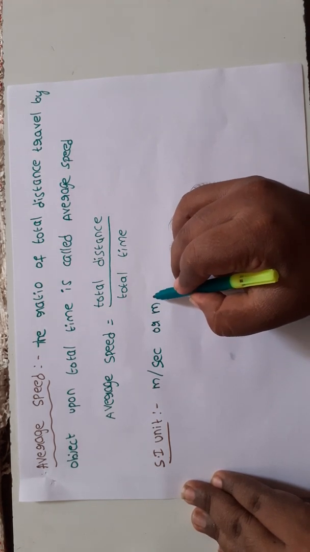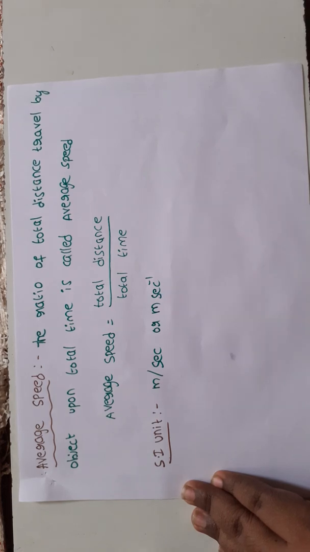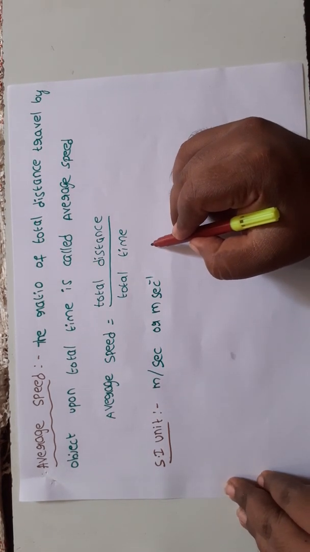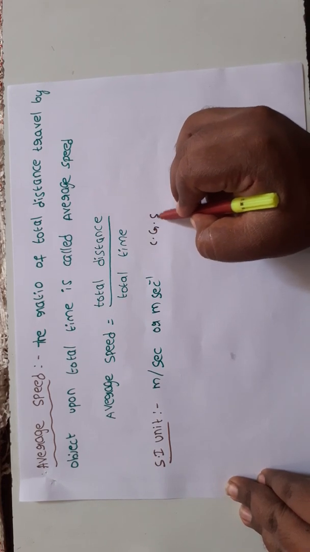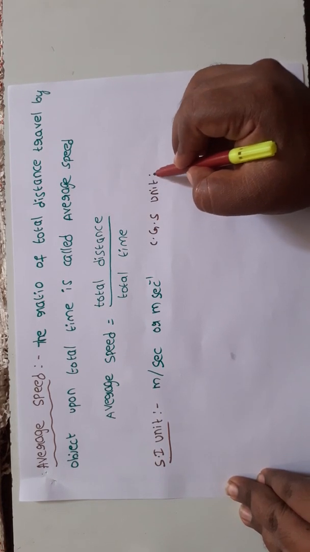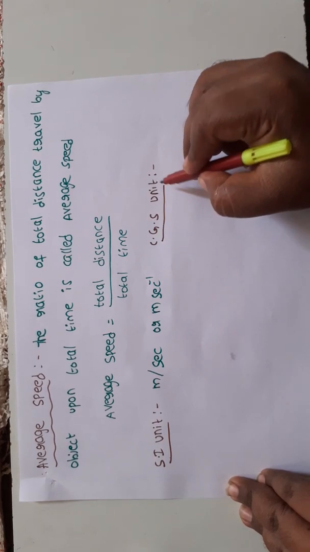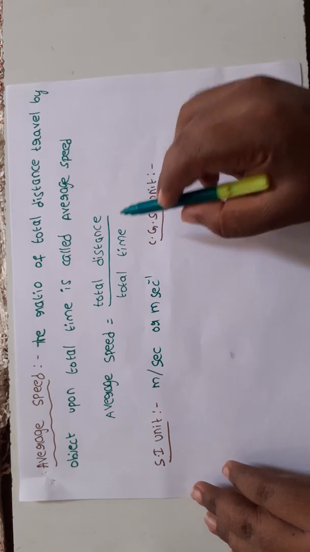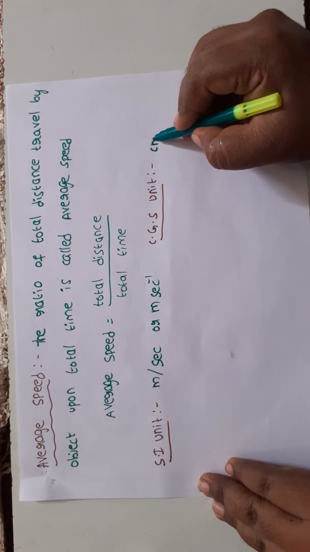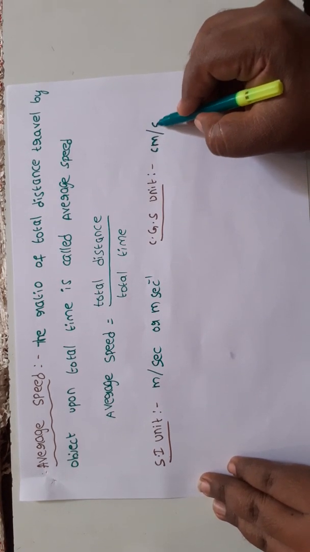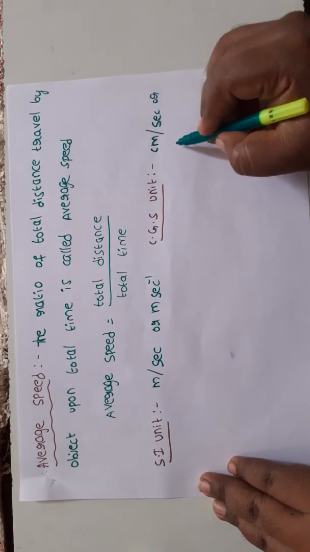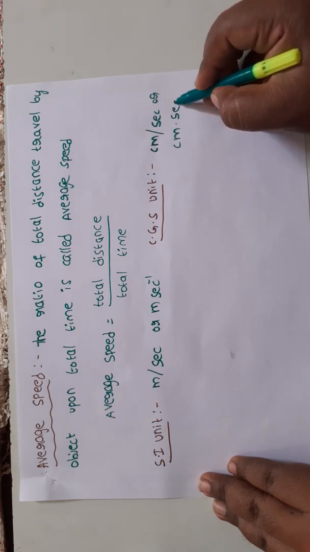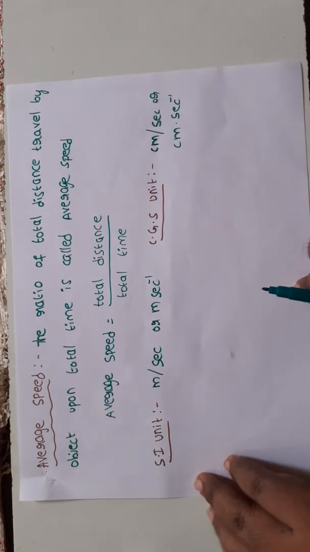Or we can write meter second inverse. What about the CGS unit? The CGS unit of distance is centimeter and time is second. So centimeter per second, and you can also write centimeter second inverse.